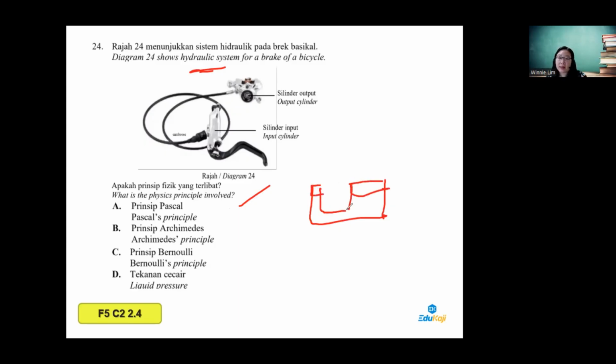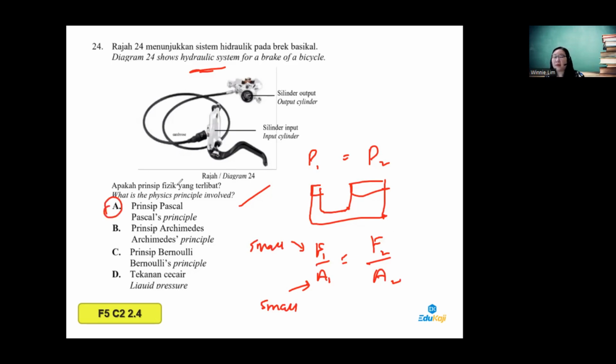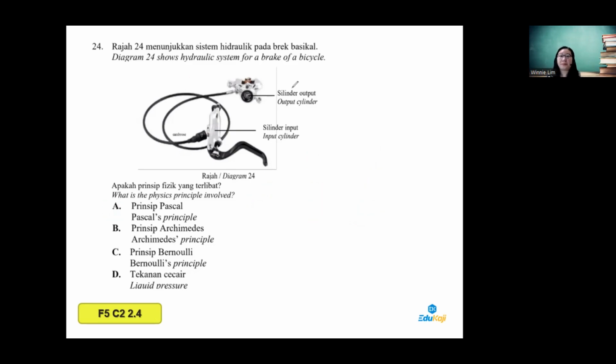The concept is that pressure is transmitted equally, hence the pressure on one piston equals the pressure on the next piston, regardless of their surface area. So you have F1 over A1 equals F2 over A2, and the teacher will say small area, small force; big area, big force. So it's from Pascal's principle.